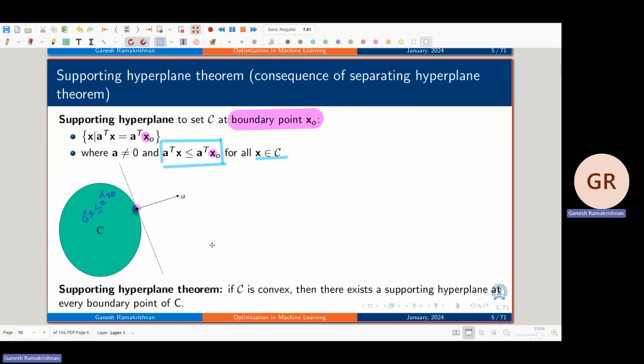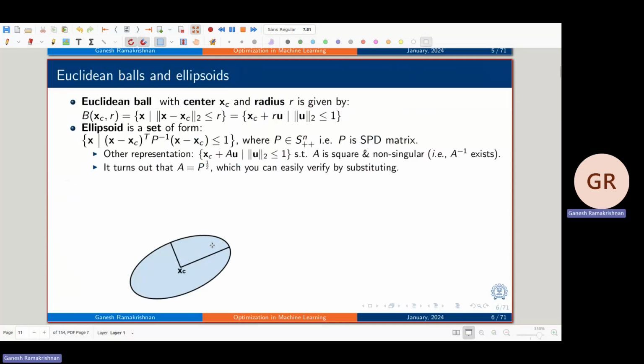So all points in X, but all points also in the interior of X. Okay, so yeah, unlike last year's class, we are moving a little fast with intuitions here.